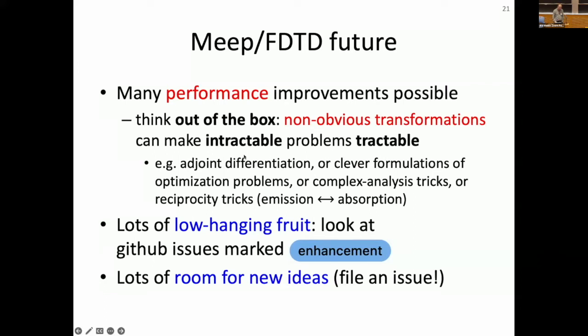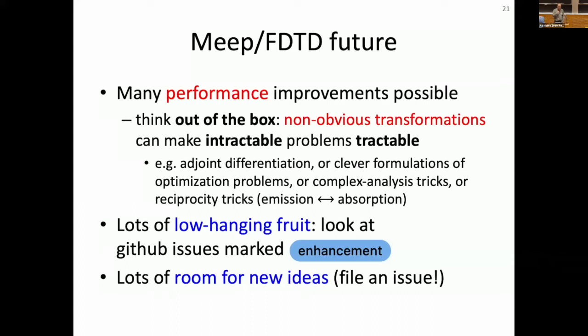So the classic example is adjoint differentiation. If you want the sensitivity to 10 million parameters, you can do it with one single simulation, as long as you can measure the field everywhere where those parameters are. There's clever reformulations of optimization problems, for example, to find resonances that allow you to do things much more efficiently, or there's tricks from complex analysis to look at averages over lots of frequencies at once, or other kinds of things.